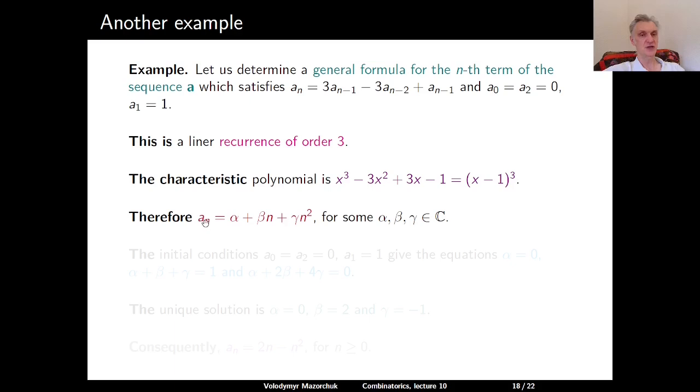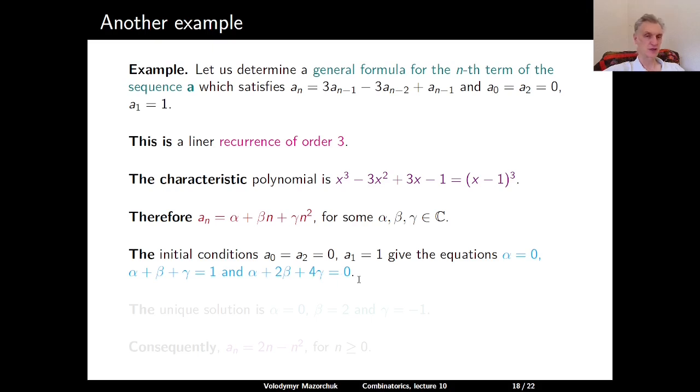This means that the general form of our sequence an is alpha plus beta n plus gamma n squared for some alpha, beta, and gamma complex numbers. The initial conditions where a0 and a2 are equal to 0 and a1 is equal to 1 give us the equations alpha is equal to 0, alpha plus beta plus gamma is equal to 1, and alpha plus 2 beta plus 4 gamma is equal to 0.